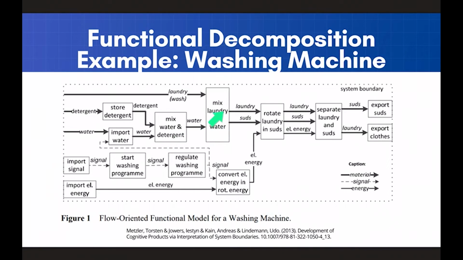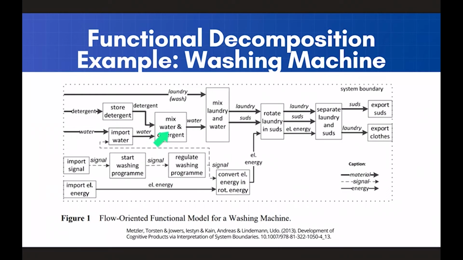Later we also have the mix laundry and water sub-function, and then rotate laundry inserts, separate laundry inserts, and export clothes. So this is the functional decomposition of a washing machine.